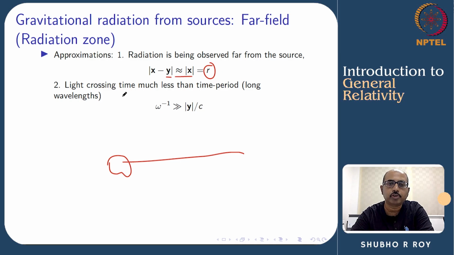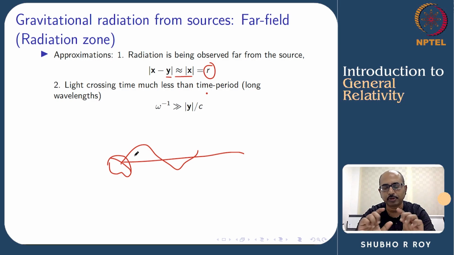And the second approximation is that the source is small compared to the wavelength of the disturbance. Okay, so if I consider this to be the wavelength, the geometrical dimensions of the source are much smaller compared to the wavelength.